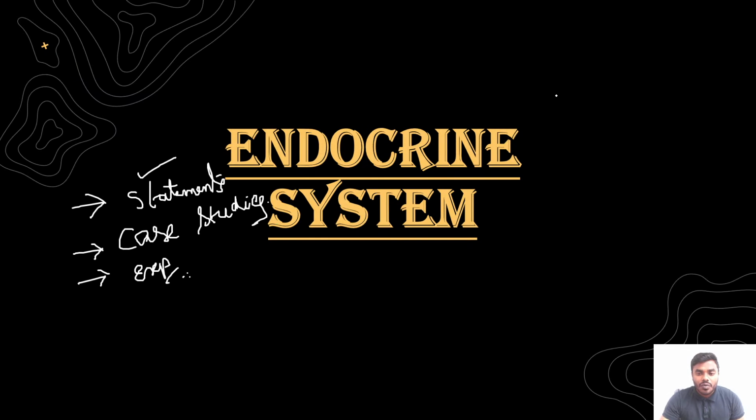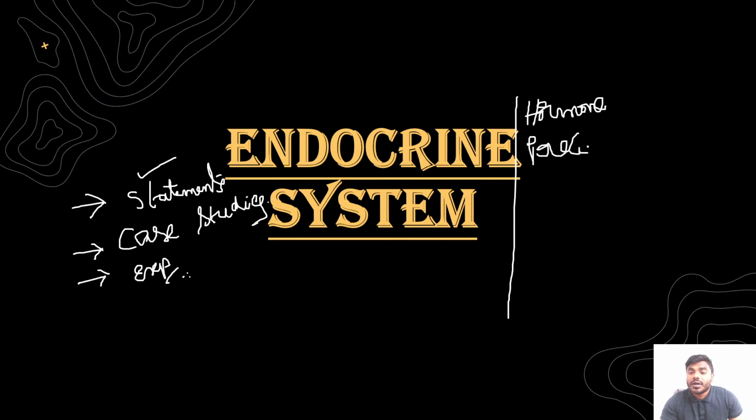Now whenever you are revising, what do you have to revise actually? All the students follow me correctly. See, first remember the name of the hormone. Remember which precursor is involved.